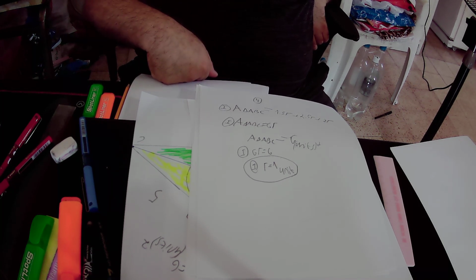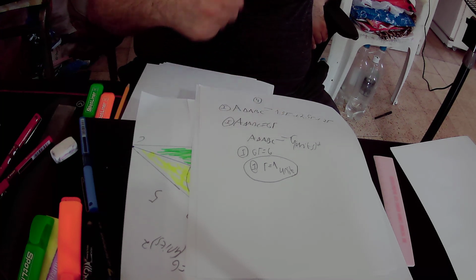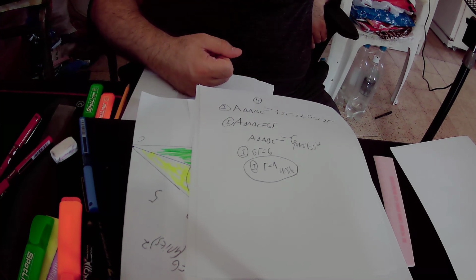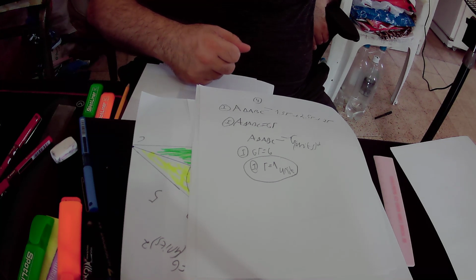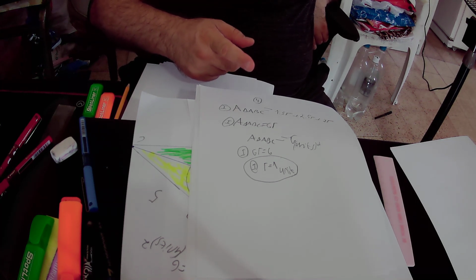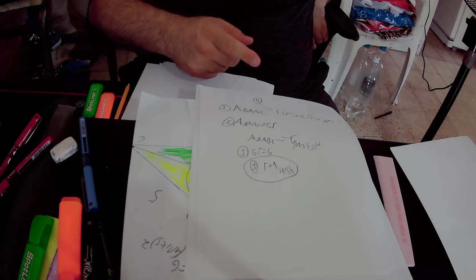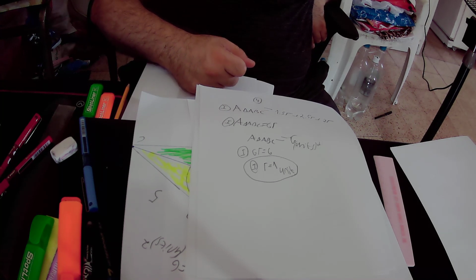So we can substitute the area of triangle ABC by 6, because it equals 6 units squared.